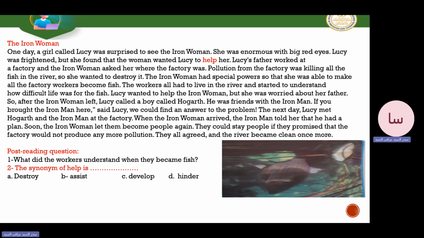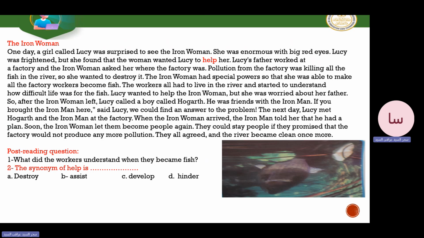This passage conveys a hidden message. There are a lot of factories all over the world, but some of these factories pollute our environment. They have a dangerous effect on our environment. And what is the solution for this?